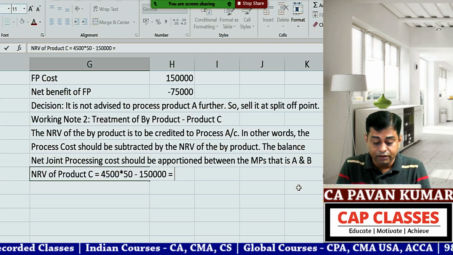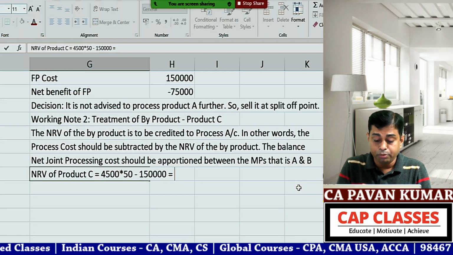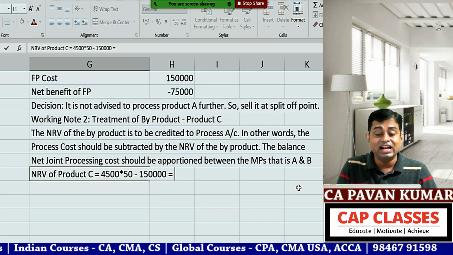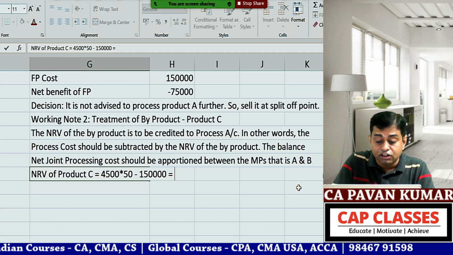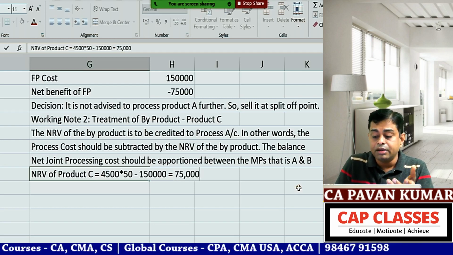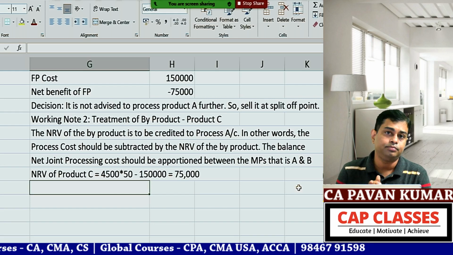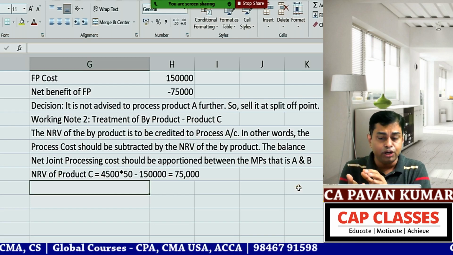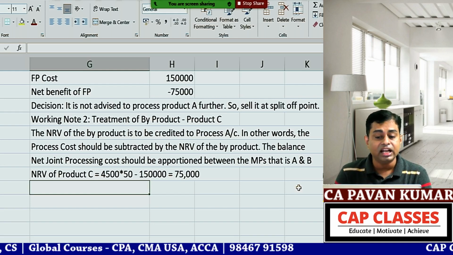So calculate it. 4,500 into 50 rupees is 2,25,000, minus 1,50,000. So can I say net realizable value of product C is equal to 75,000? Selling price minus further processing cost. That means selling price into quantity, sales revenue, minus further processing cost. So that is net realizable value.